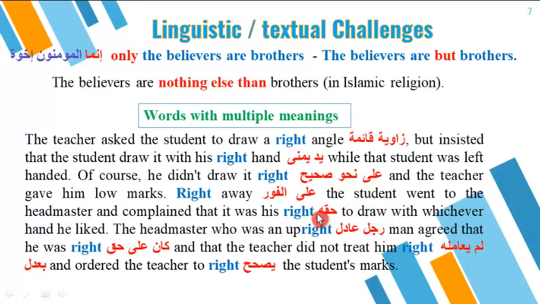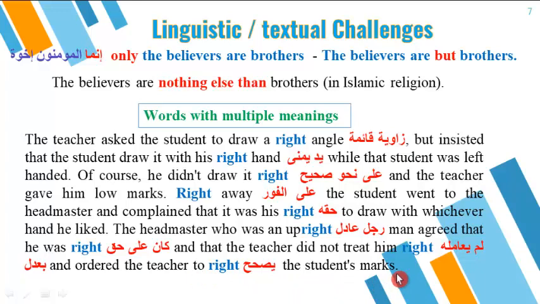and complained that it was his right, من حقه أن يرسمها بالطريقة التي تلائمه, to draw with whichever hand he liked. The headmaster was an upright man, رجل عادل, and agreed that he was right, بأن التلميذ كان على حق. And the teacher didn't treat him right, لم يعامل الأستاذ التلميذ بعدل, and ordered the teacher to write and يصحح the student's marks.